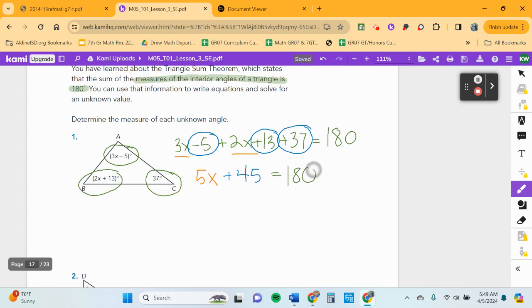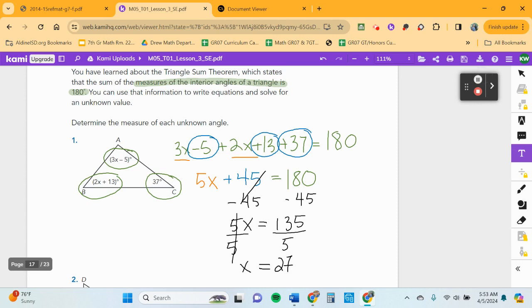That stays the same. Now I have a basic two-step equation here. First thing I'm going to do is subtract 45 from both sides. I'm left with 5x is equal to 135. And then my last and final step would be to divide both sides by 5. 5x divided by 5 gives me 1x is equal to 27.